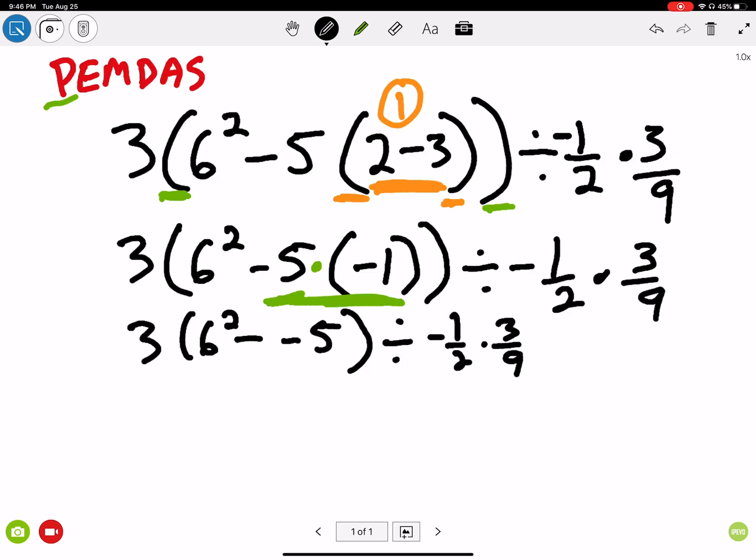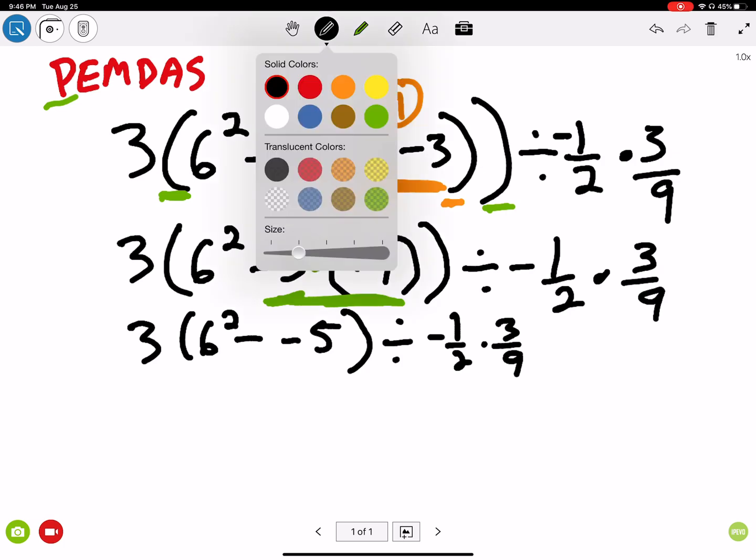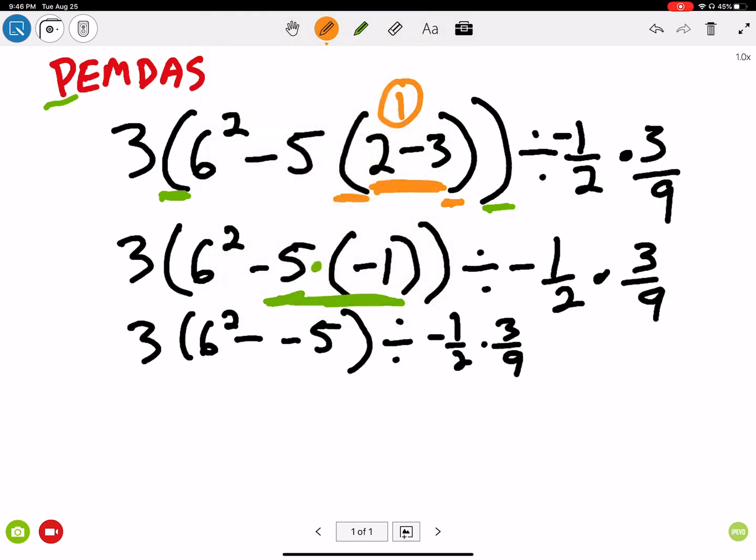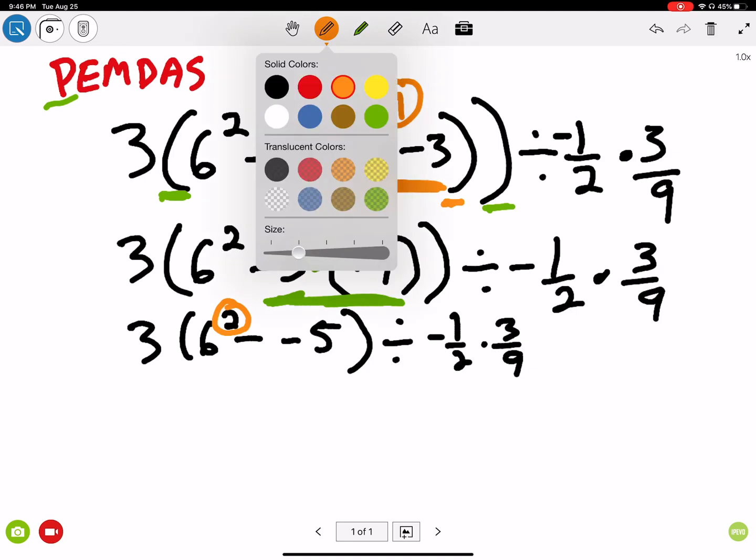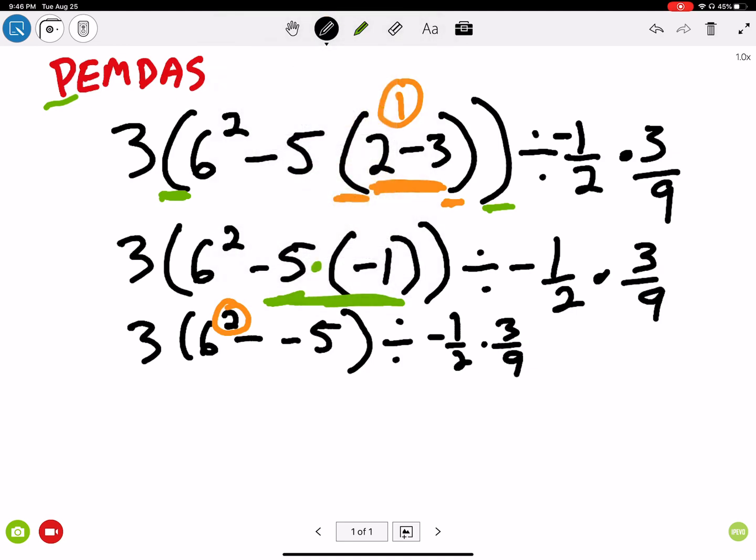Still have to do parentheses, but what is inside of parentheses, ladies and gentlemen? Oh, I have an exponent attached to that 6, which means I have to do what's inside of parentheses, which is 6 squared. So this now becomes 3 times 6 squared, which is 36, minus negative 5. I'm just rewriting everything, divided by negative 1/2 times 3/9.